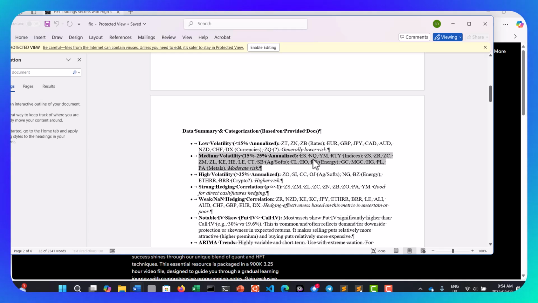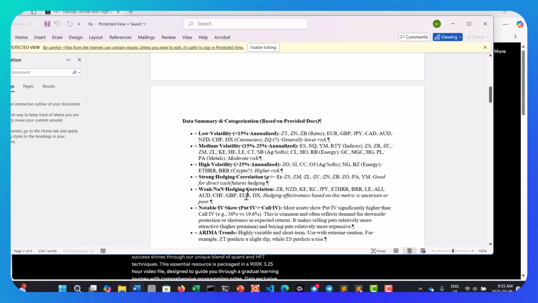So again, we're involving the indices, the agricultural and softs. We're also looking at energy products and metals as well. Again, then we move into the highly volatile, which I wouldn't even touch right now. Again, some agricultural, soft products, some energy products, and more specifically, Ethereum and Bitcoin, which are at higher risk.